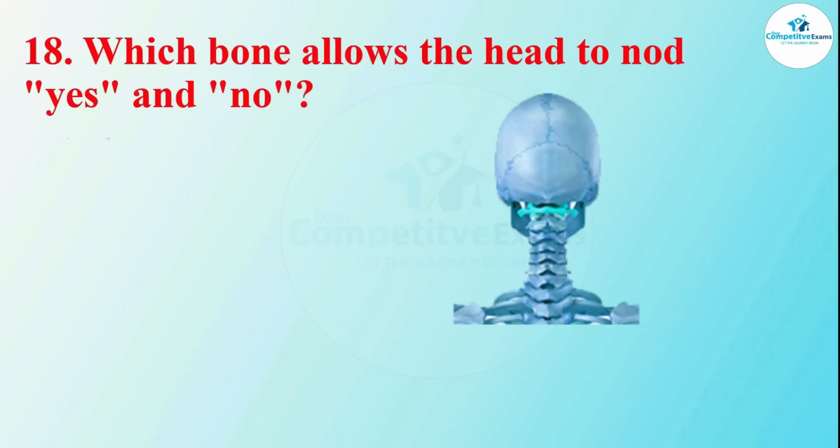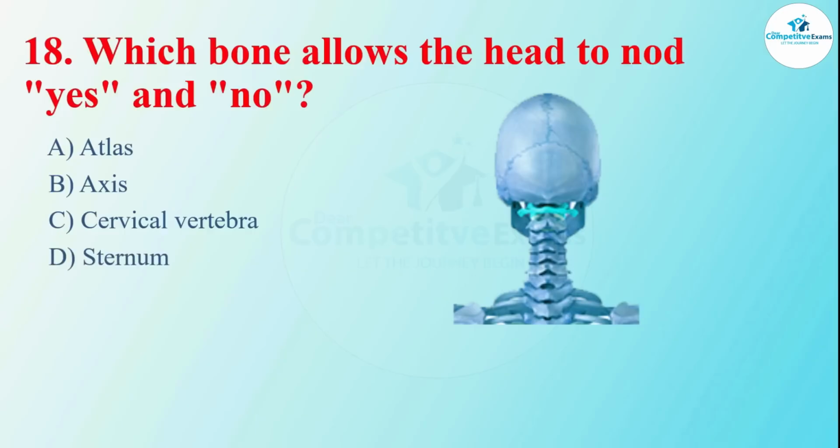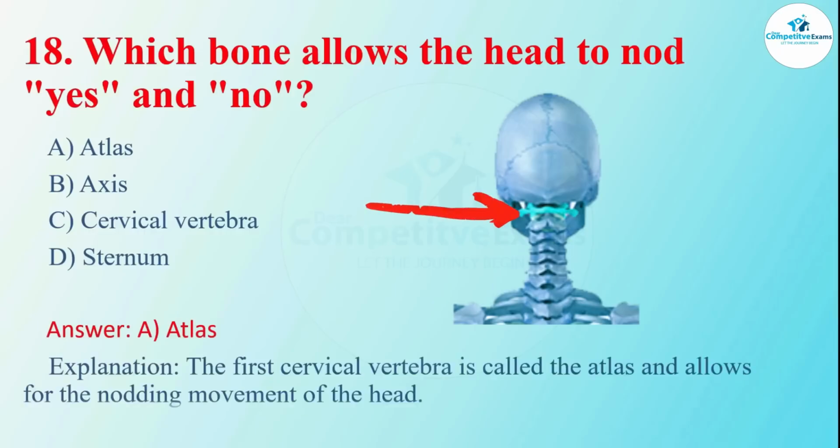The options are atlas, axis, cervical vertebra, or sternum. The right answer is atlas. Friends, the first cervical vertebra is called the atlas and allows for the nodding movement of our head.